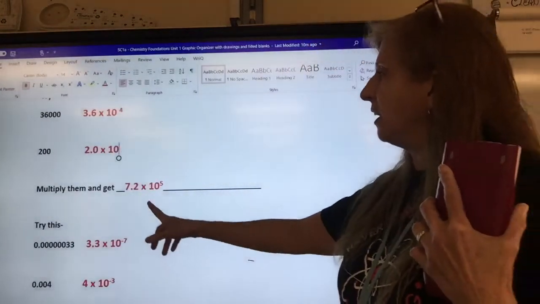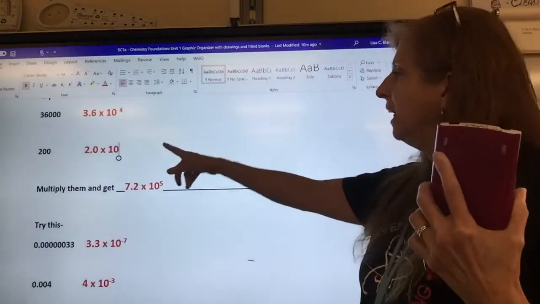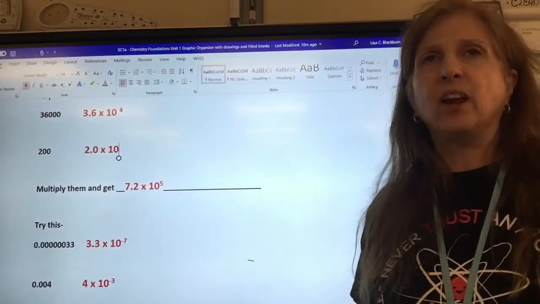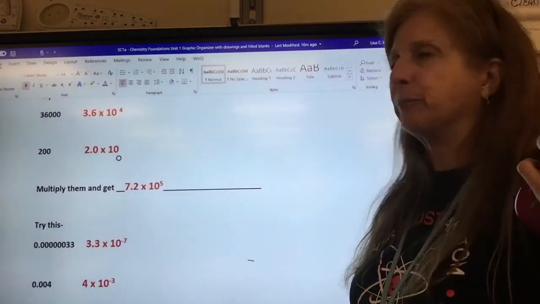Okay, now let's try to multiply them. You put your two numbers in, put them in again, and multiply them and see if you get 7.2 times 10 to the 5th. Everybody who's got your calculator, try it and see if you can get 7.2 times 10 to the 5th.